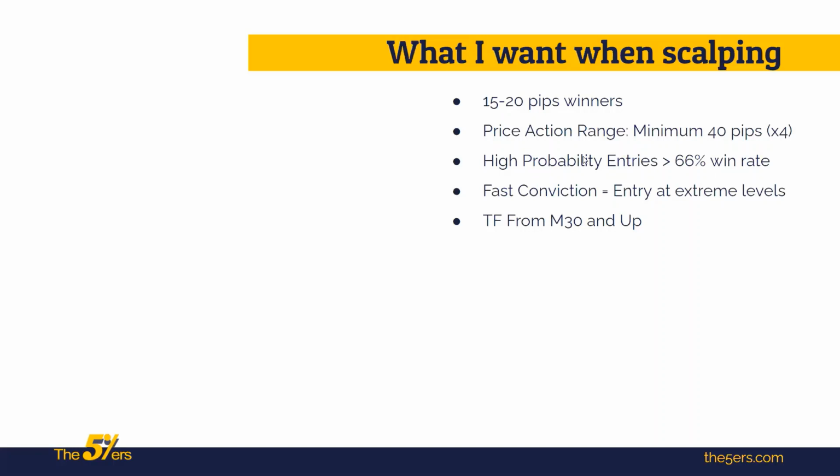So in order to find 15 pips, I need to take it off a reaction that I can think or assess might provide a 40 pips range.